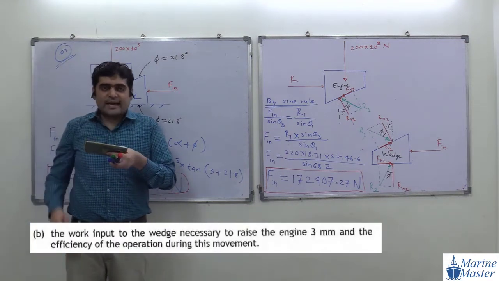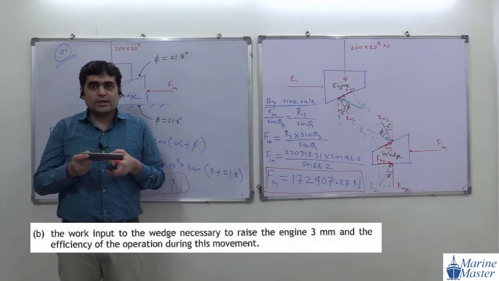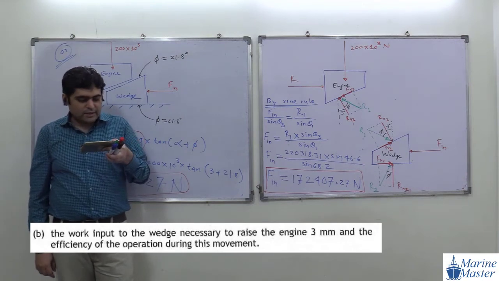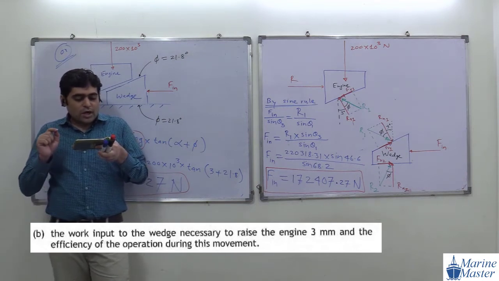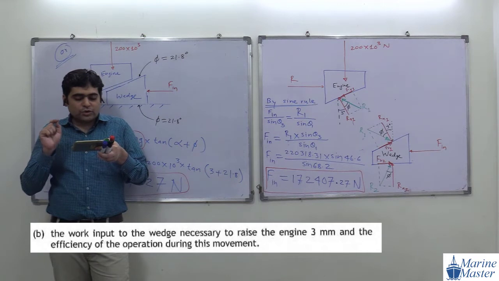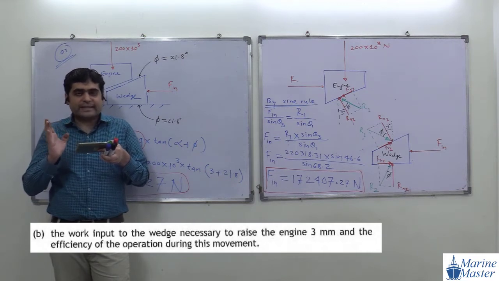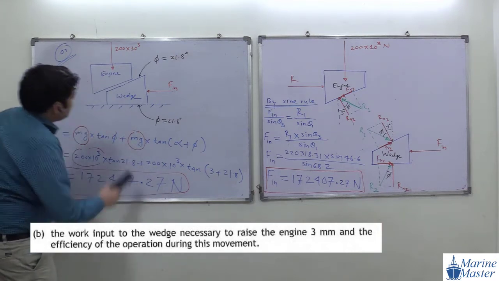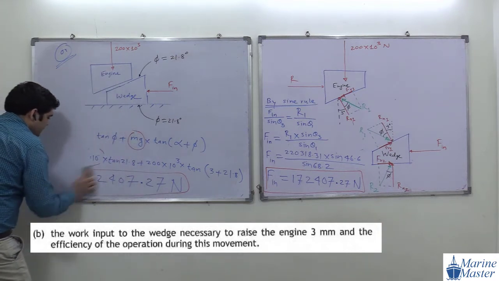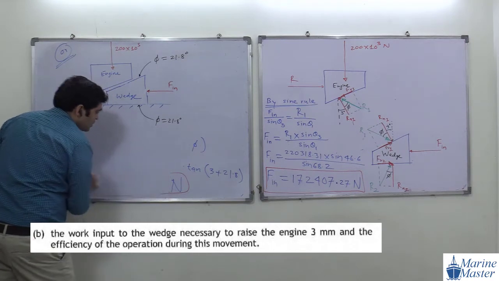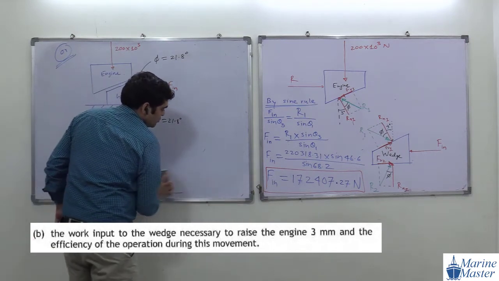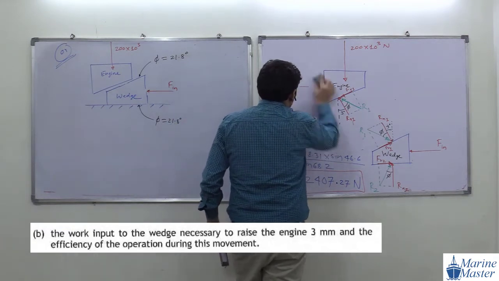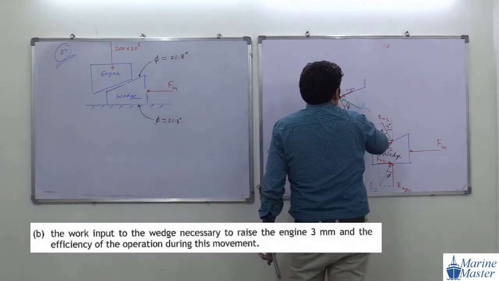Now guys, what are they asking us in the B part? They are asking us for the work input to the wedge necessary to raise the engine by 3 mm. Means we want to raise this engine by 3 mm, and how much work do we have to give to raise it? In the B part, what is our target?